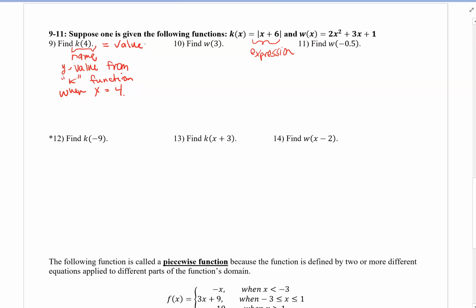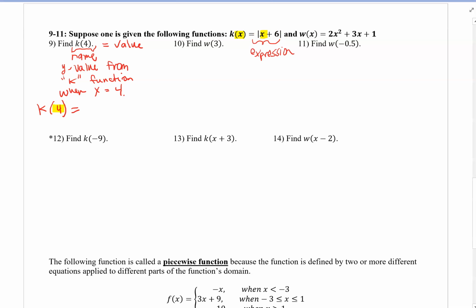So what I'm going to do is write it all out at first. K of 4 is equal to, and I will use this expression that I've been given as a rule to find values of k of x. And wherever I see an x on the inside there, I will replace this x with that in the expression. So here I see a 4 on the inside.